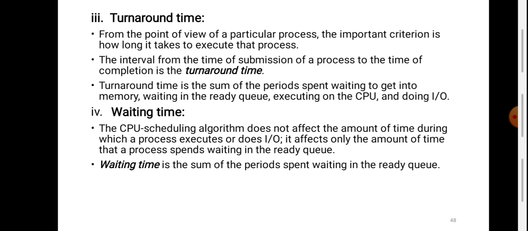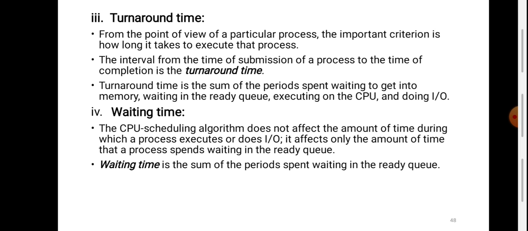turnaround time is the time interval from the time of submission of a process to the time of completion of that process. It means once a process enters the processor or CPU and starts its execution, sometimes it may need to wait for the CPU, or it may need to wait for an input output device, and again it comes back to the CPU and resumes its execution.